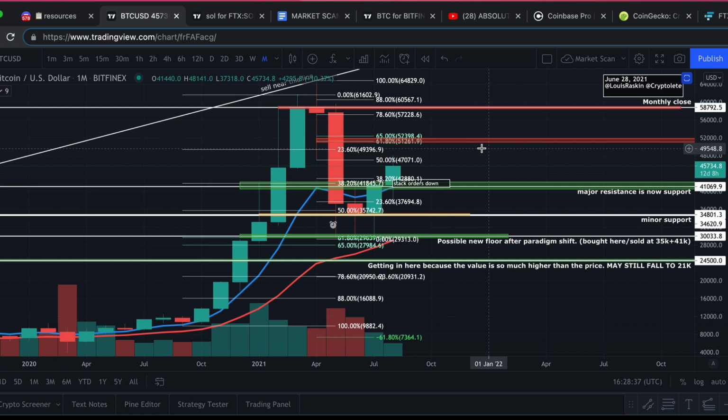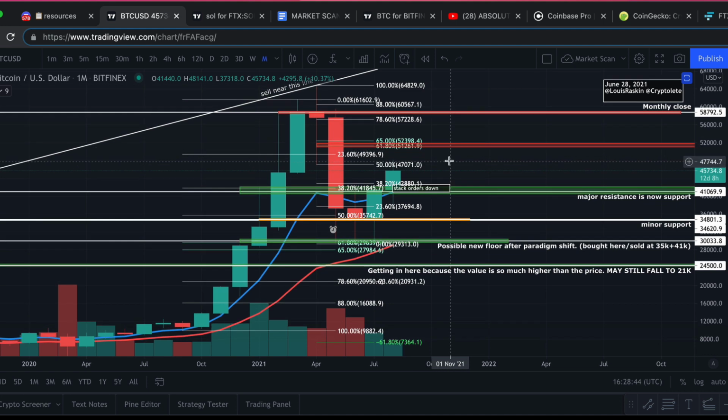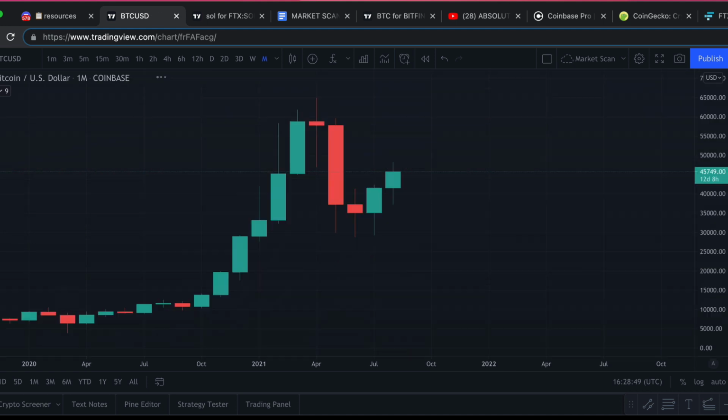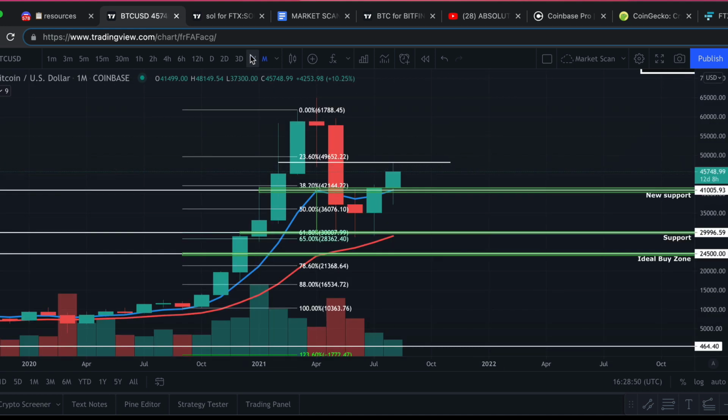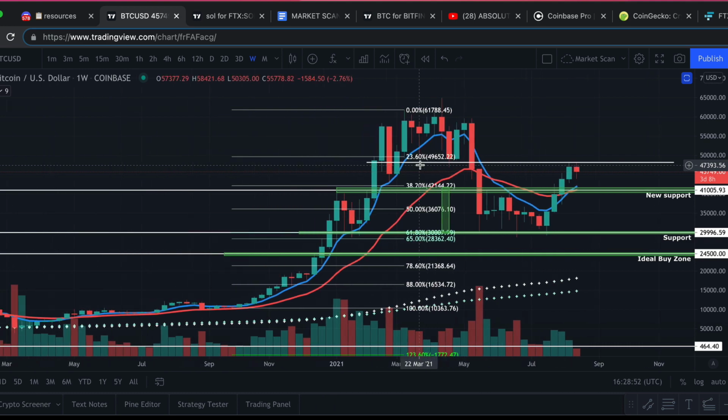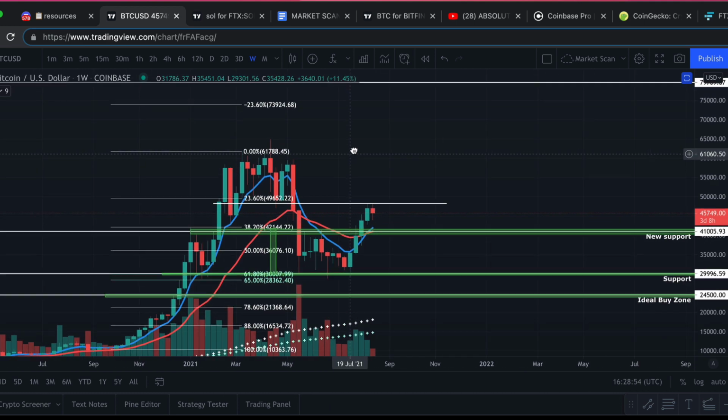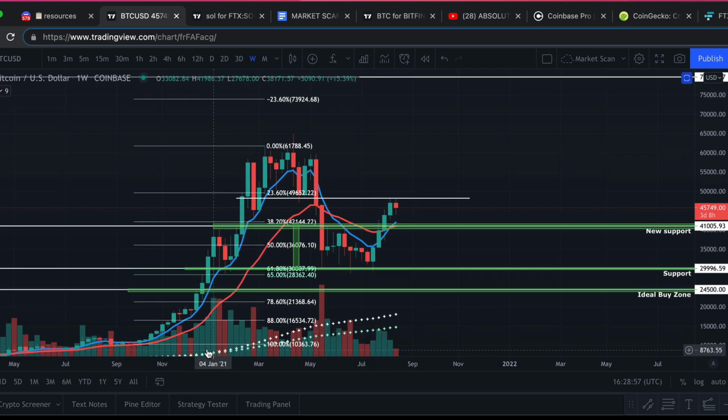So, man, I'm still thinking 51,200 is really good. But let's go to the weekly to get a little bit of a better picture of this. So that was the monthly. Now we're at the weekly chart. Let's go to the weekly and see what the deal is. Down to up, down 61.8, boom.